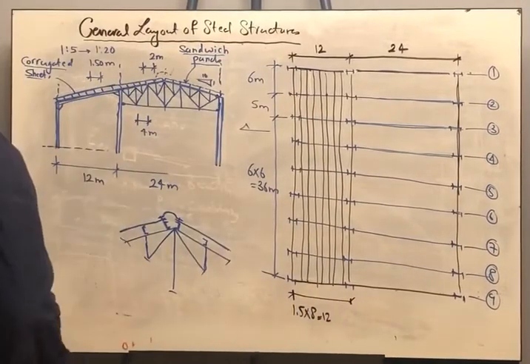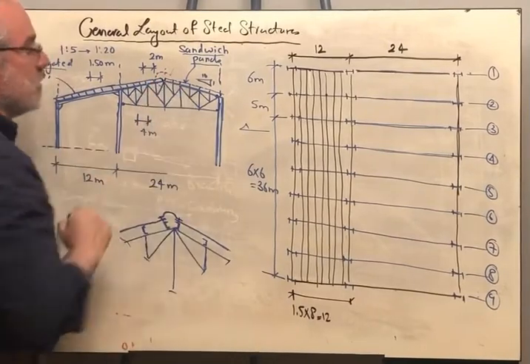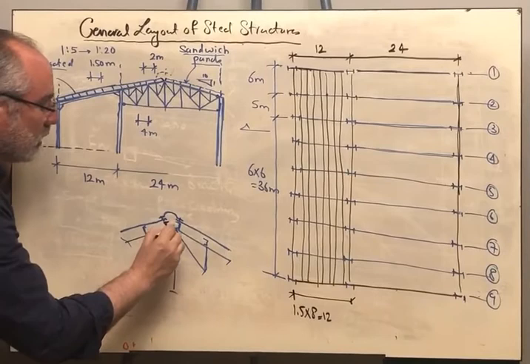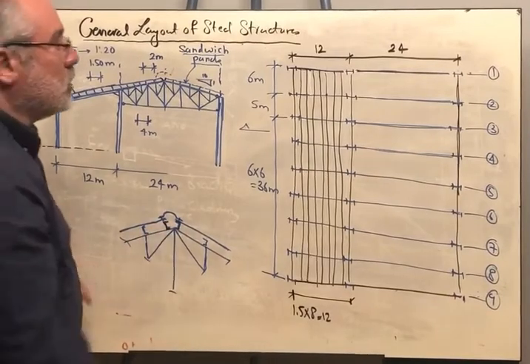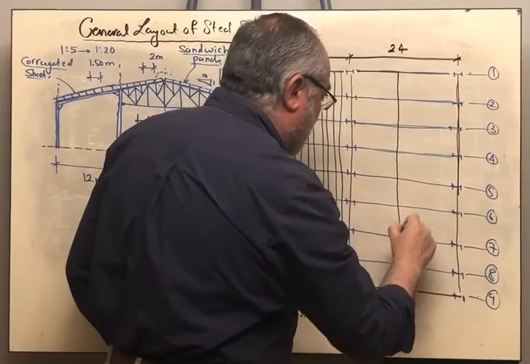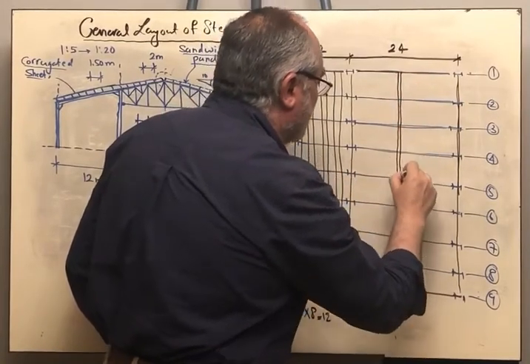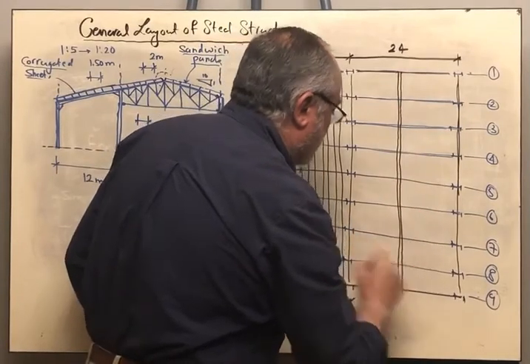For the other part, we are having two purlins in the middle, remember, because we are having change in slope. So I have to draw these two purlins first. I have to remind myself that I am having two purlins next to each other in the middle, because there is a slope left and right.